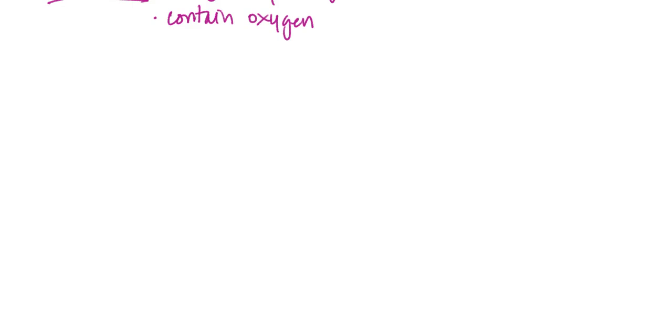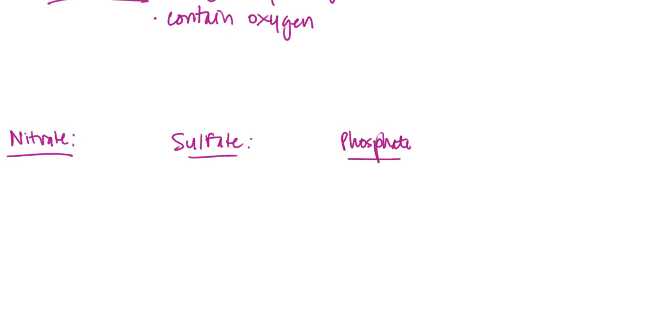from there. So the majority of these polyatomic ions will have a name that ends in the suffix ATE. So for example, ions like nitrate, also sulfate, phosphate, and also chlorate.